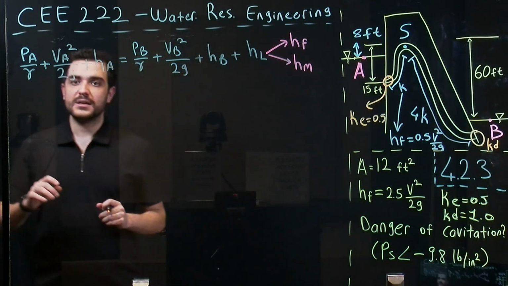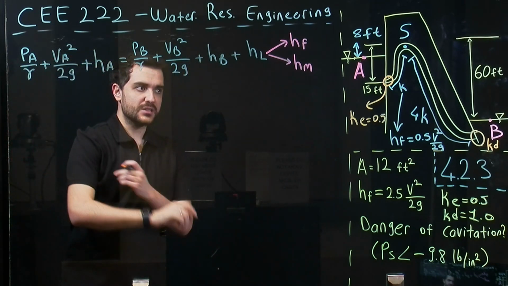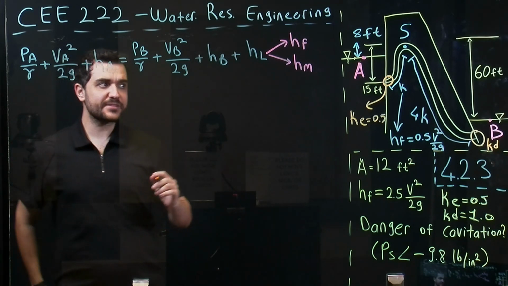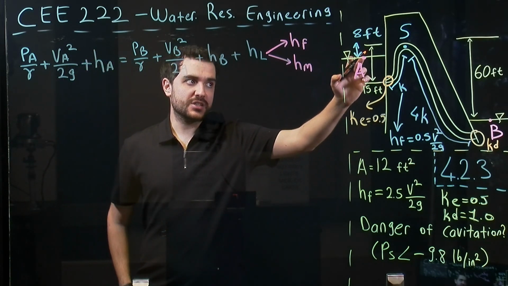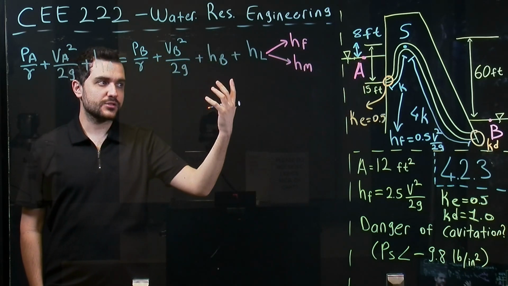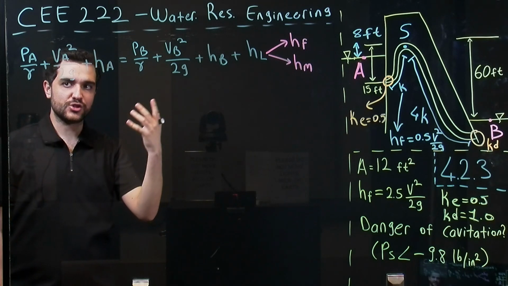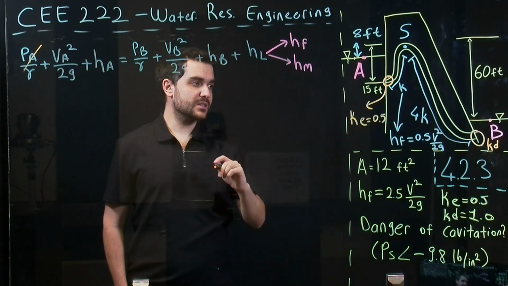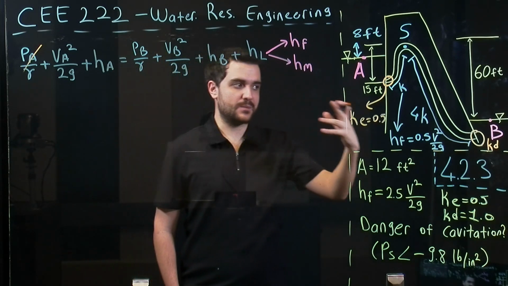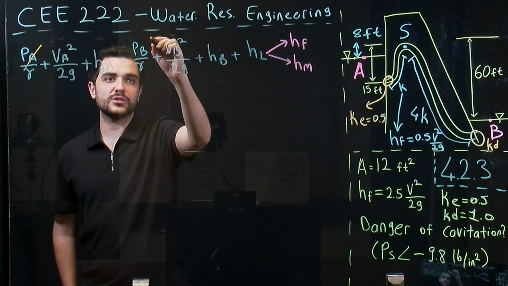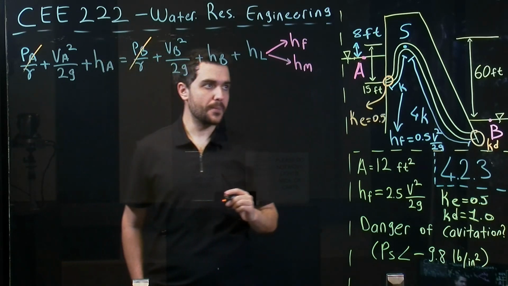So let me simplify this energy equation because we will have some zero values here. The first one will be the pressure at this point because it is open to atmosphere, so the pressure will be assumed as zero. And additionally, we will have the same situation for point B because it is also open to atmosphere, so the pressure is zero.